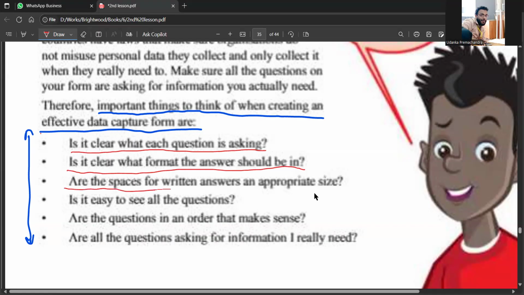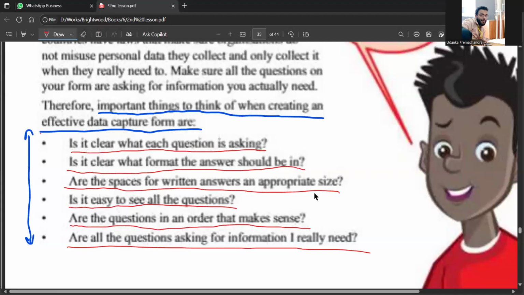Is there space for written answers, a good amount of space? Is it easy to see all the questions? Are the questions in an order that makes sense? Are all questions asking for information that is really needed or not? Those are the things you should follow when asking questions.